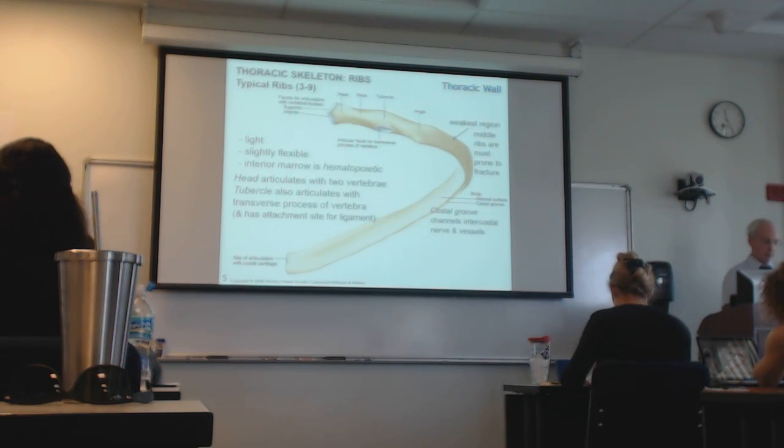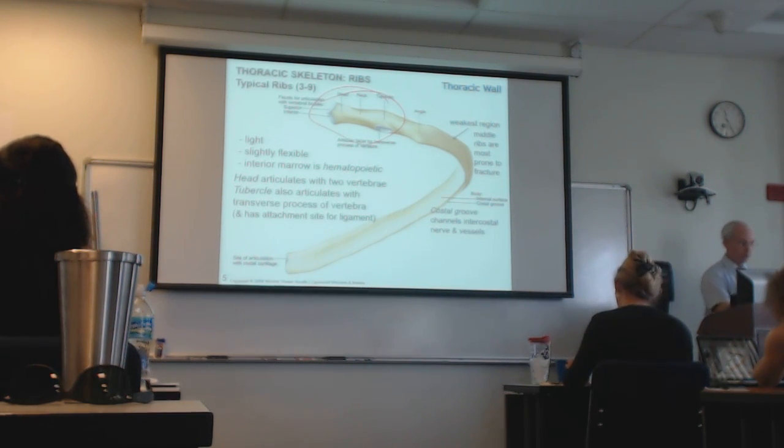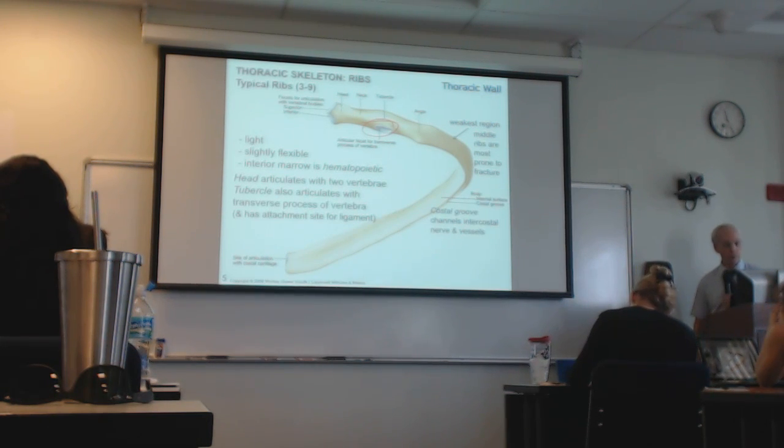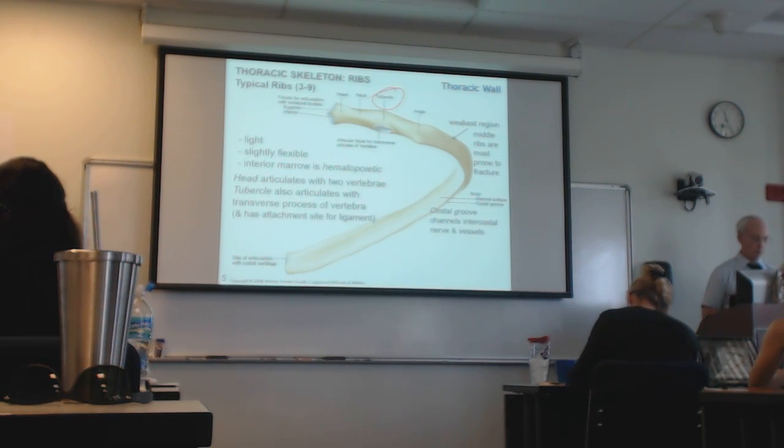The rib, you can see, attaches at its head posteriorly to the vertebra. There are usually 2 points of attachment: the attachment with the vertebral body, and then the attachment at the costal facet with the transverse process. The head attaches to the vertebral body. It's the tubercle that attaches to the transverse process. Between the head and the tubercle is the neck.